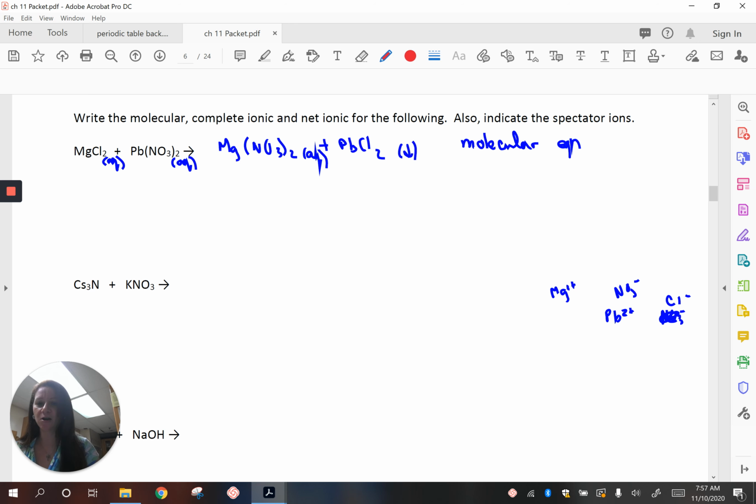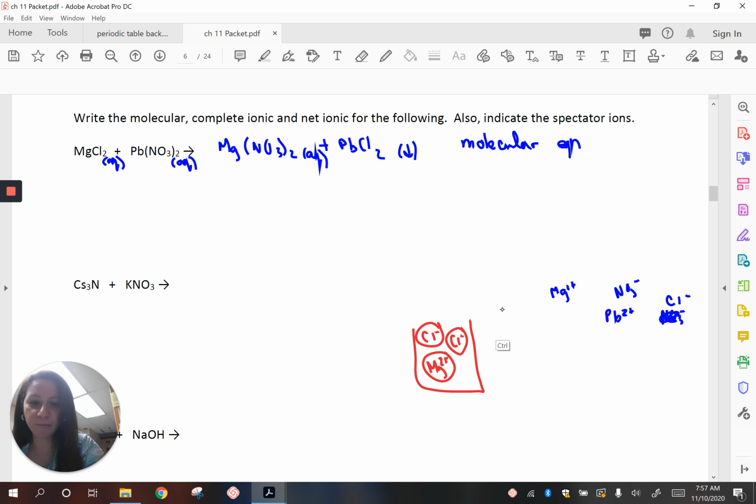So if we look at our MgCl2 in our reactants here, this means that we have Mg2+ and Cl- kind of swimming around in the solution, right? When I take this and dissolve it in water, the water gets in between the ions and separates them like that.